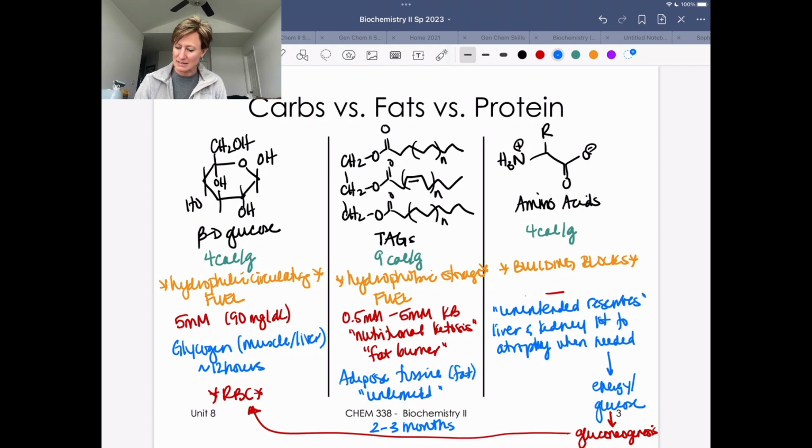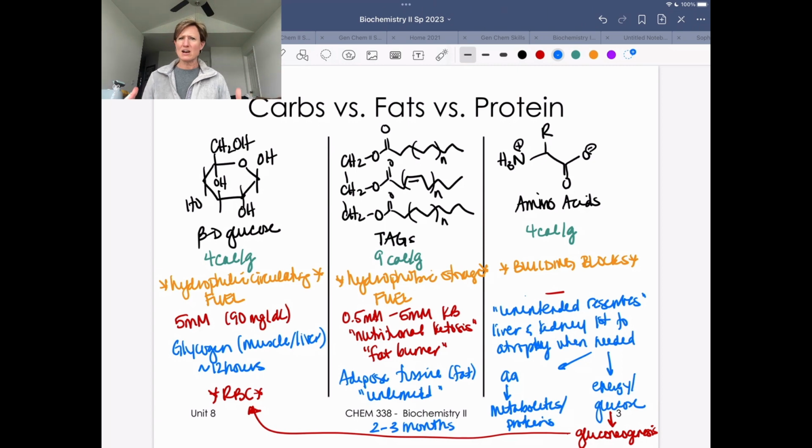The other thing that you might need is maybe not just energy or glucose, or maybe it's both, but you might need amino acids which are used to make important metabolites or other proteins. So if you need those building blocks, and we'll get into the details of this, out of the 20 naturally occurring amino acids, 10 of them are essential. We need to consume them from our diet.